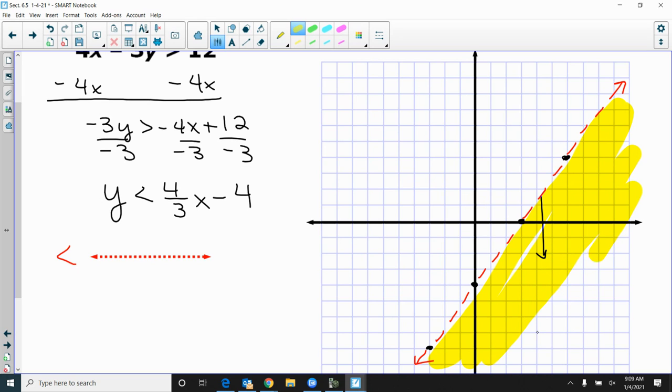And if you pick a test point, that means if you use 0, 0, it should be false, and anything on that other side should be true. Okay. But I'm hoping you don't have to do a test point. If you understand the above and below, that makes life a little bit easier. Okay, so shade below.